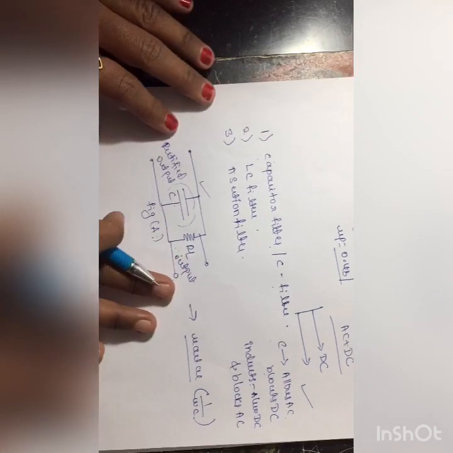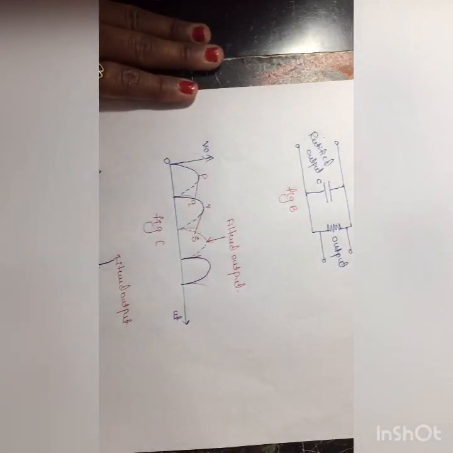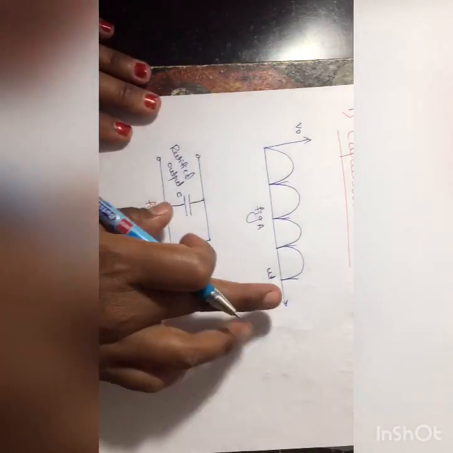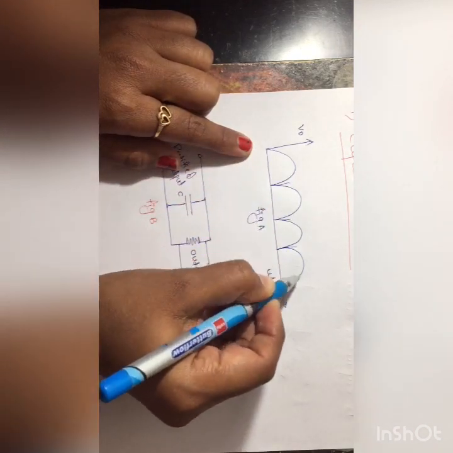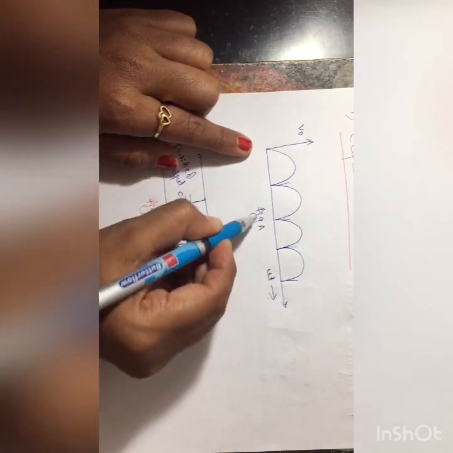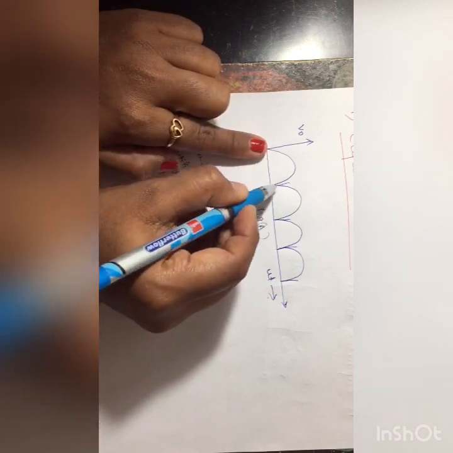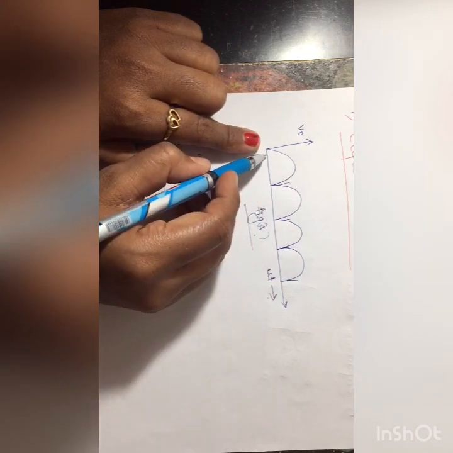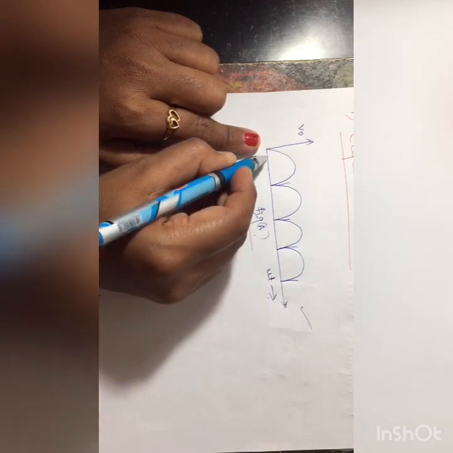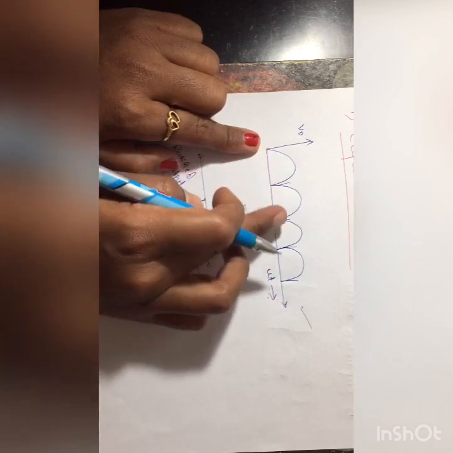See here, before the filter the output should be looking like this. From figure A, before the filter, it shows the output of a full wave rectifier, meaning it allows both the positive as well as the negative half cycle.